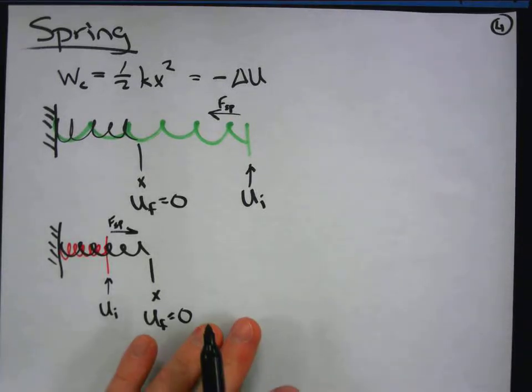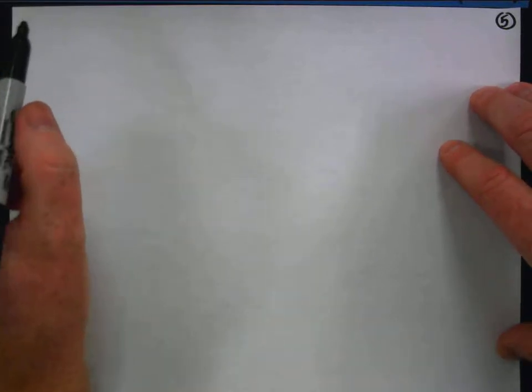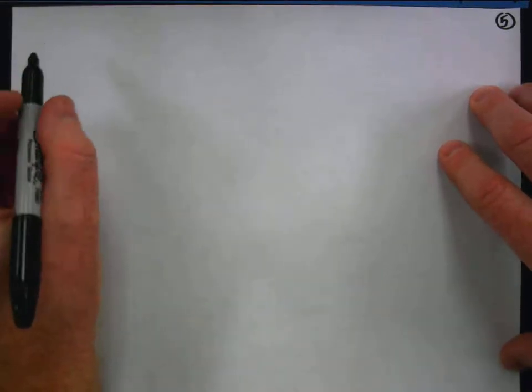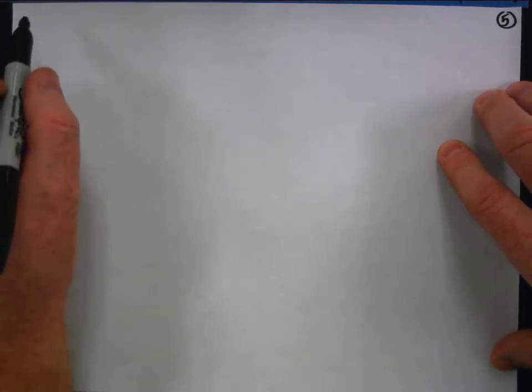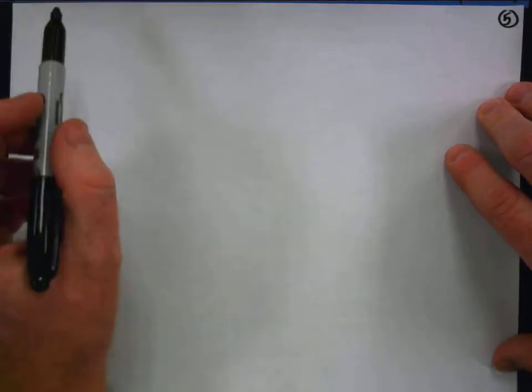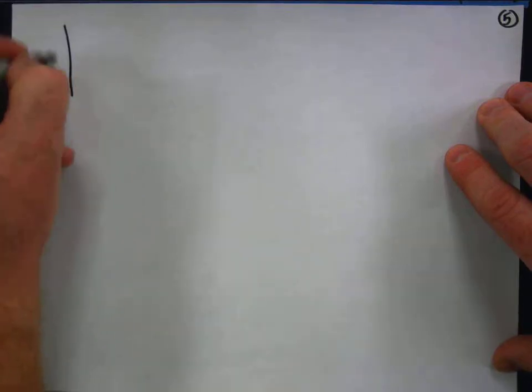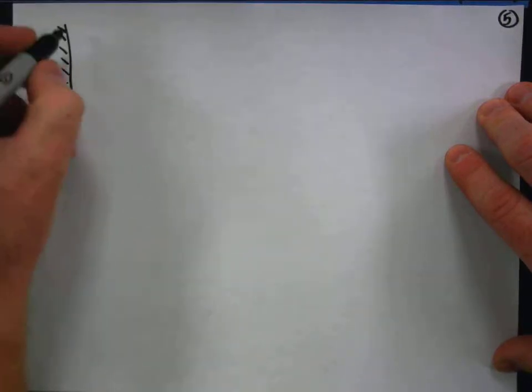I'm going to need some more space here. So we're going to say with a force of 120 newtons applied to a spring, we're going to create a stretch of 2.25 centimeters. If we kind of just draw this out.